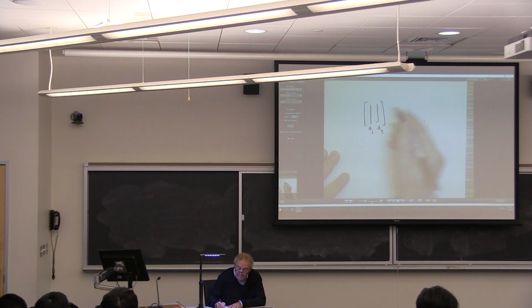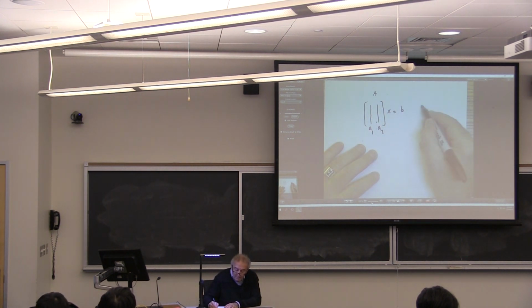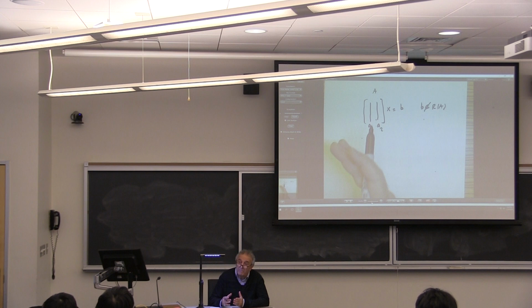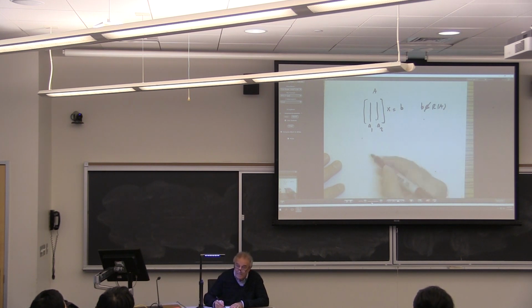We have this matrix A times X equal to B, and we know that B is not an element of the range space of A. What does that mean? It means that geometrically you can picture it this way, that A1 and A2 are two vectors, and let us consider these two vectors in a three-dimensional case, right?